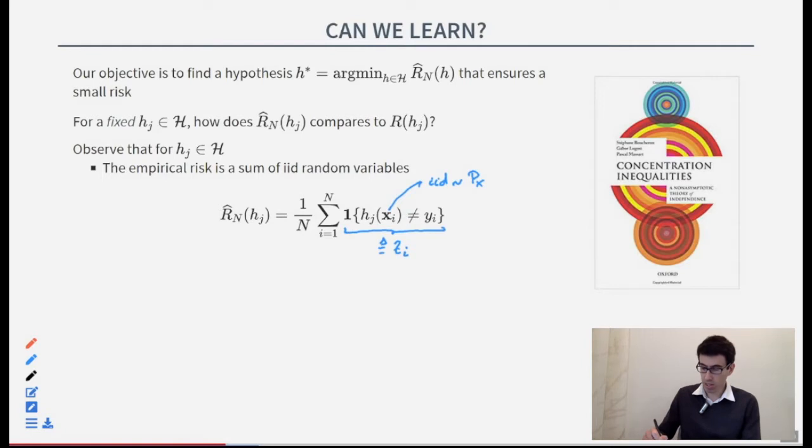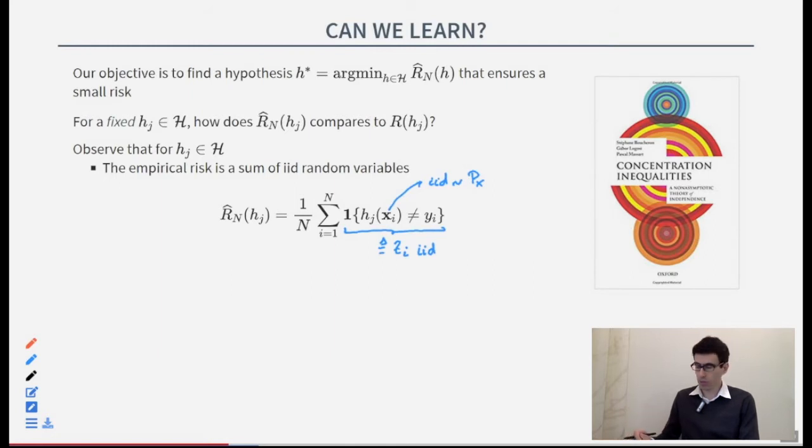It's indexed by i because it depends on the random variable xi, and because all the xi's are iid according to Px, we know that the zi's are actually iid too. And so the result here is that the empirical risk that we evaluate for the model Hj turns out to be a normalized sum of iid random variables. Okay, so far so good.